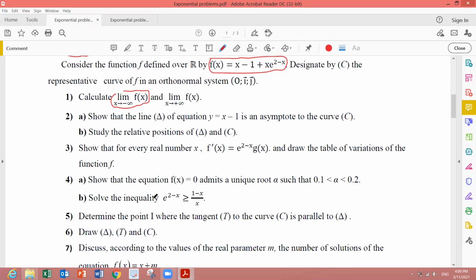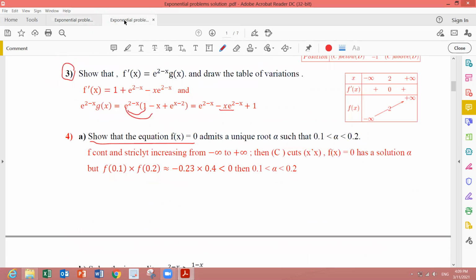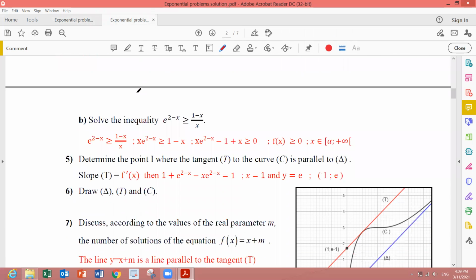Part B, solve the inequality. Solve the inequality e to the power 2 minus x greater than or equal to (1 minus x) over x. We bring them to one side. So x e power 2 minus x greater than or equal to 1 minus x.